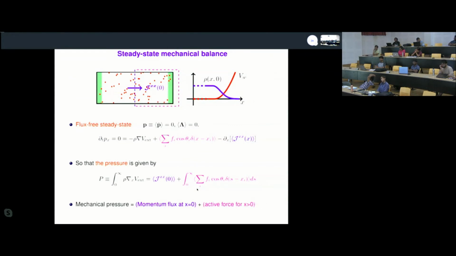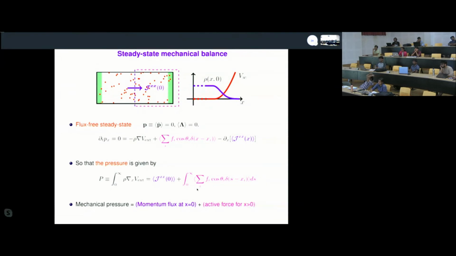Now, if you look at the cartoon, the picture on the top left, what this is saying is super simple. You're looking at the force exerted on the right wall. And what you're saying is that if I look at just mechanical balance, the force exerted on the right wall is basically the momentum flux entering the right half of the system plus the local force density.